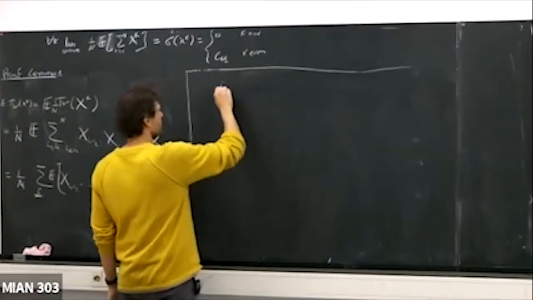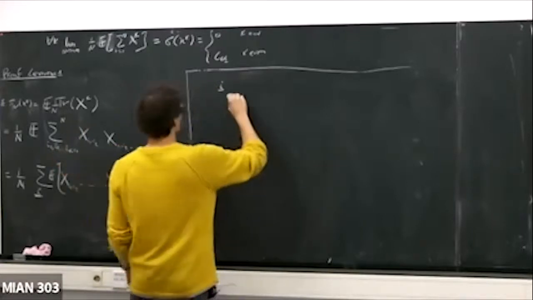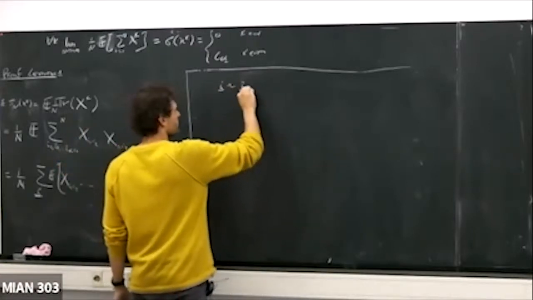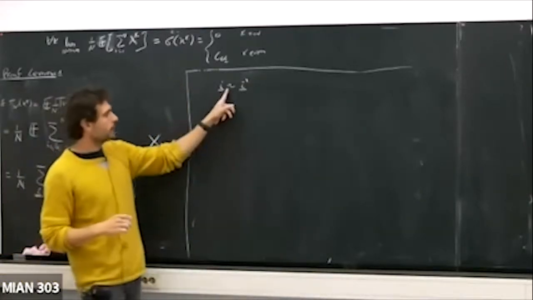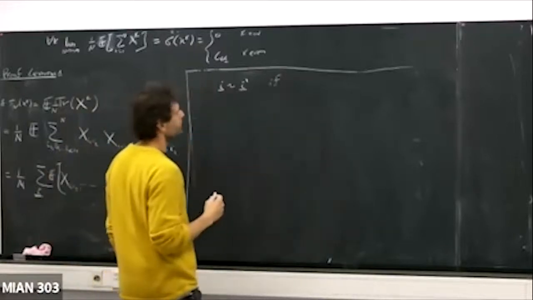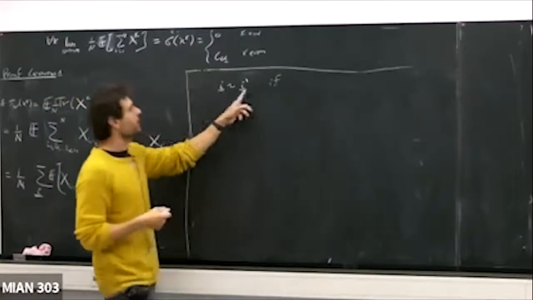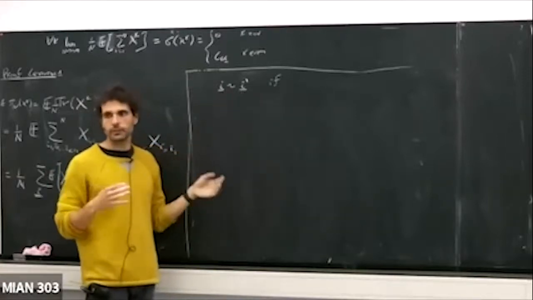Let's introduce on these indexes, these tuples I1, I2, up to Ik, an equivalence relation. I take I to be equivalent to I prime if they are the same word in 1, 2, up to n, up to changing the alphabet.